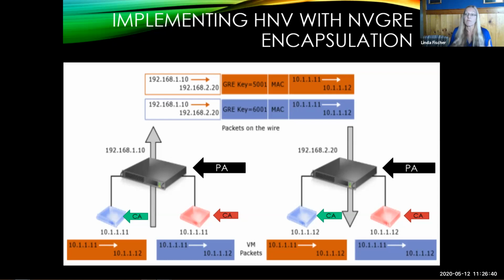So in this case, we're using 5001 or 6001 for our GRE key for each virtualized network. So you have 2 virtualized networks, red and blue, isolated from each other as separate IP networks, but extended across 2 physical Hyper-V hosts, each of which is located on a different physical subnet. Are we having fun yet?